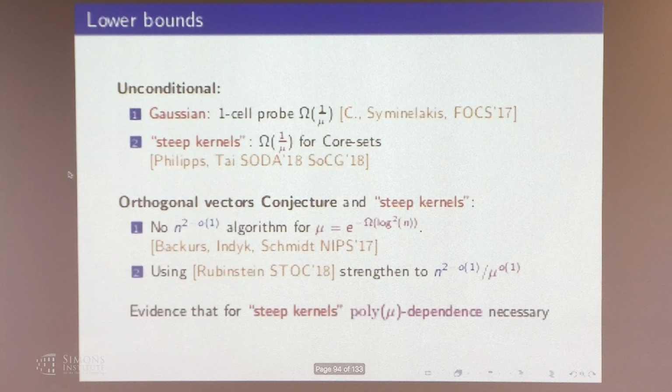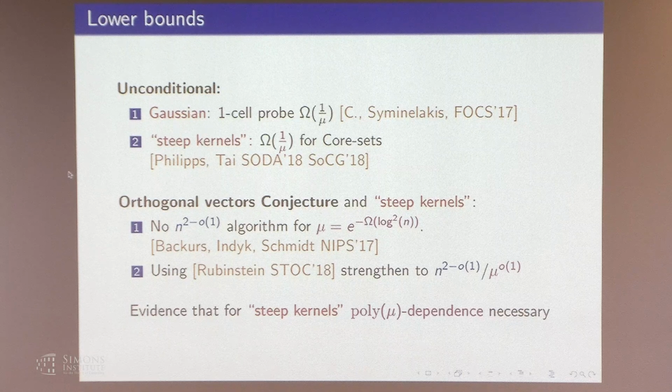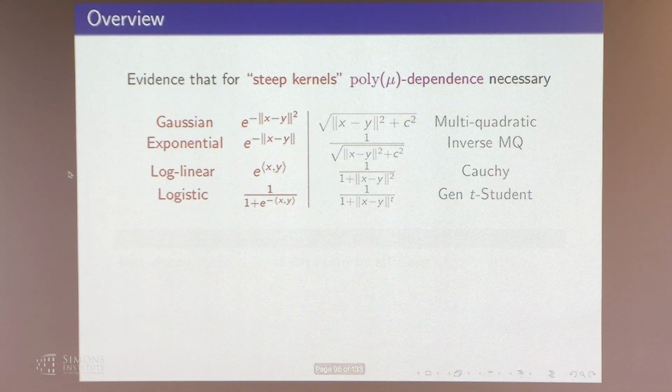If you want to get around it, you need some additional information about the kernel. Although we don't have a precise lower bound for our query problem, it seems conceivable that it's not possible for these kinds of kernels.